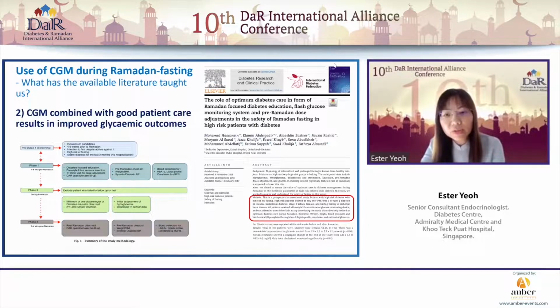All patients received a Libre continuous glucose monitoring device and were offered to attend the clinic at any time during the study. They were provided with Ramadan-focused diabetes education, the Libre device, pre-Ramadan dose adjustments in their medications, and counseling on safe Ramadan fasting.